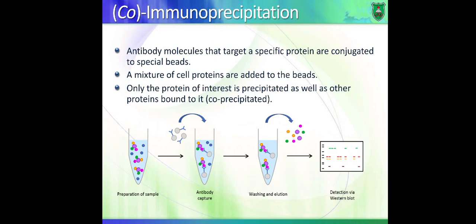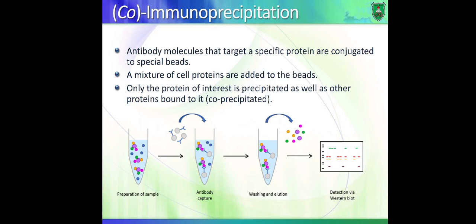Now, one important characteristic of immunoglobulins or antibodies is that they interact very specifically to proteins. So we can design or produce antibodies against certain proteins. And there are different ways, and I'm not going to talk about this.